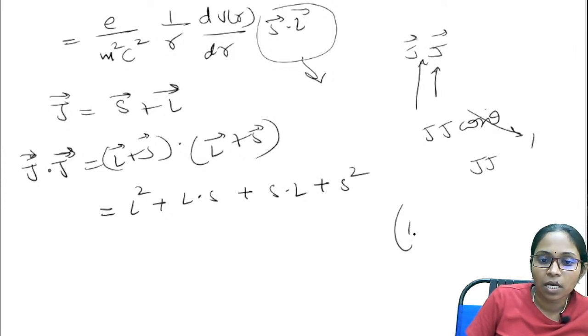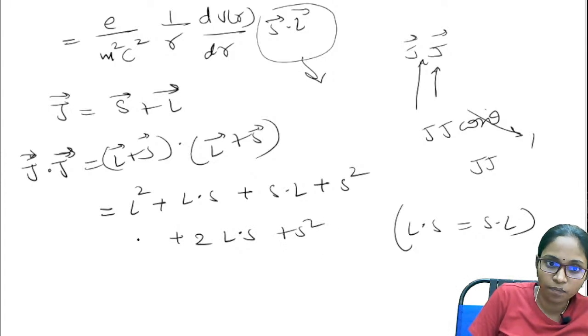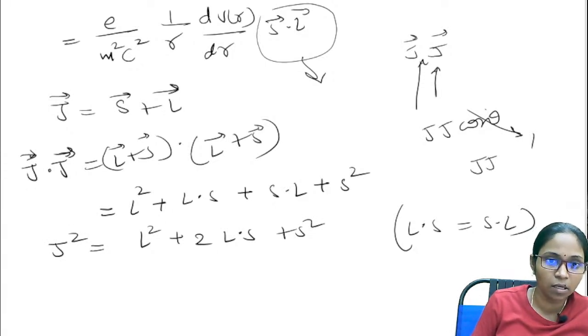And L bar dot S bar is equal to S bar dot L bar. Therefore, we have L square plus 2 L dot S plus S square, which is equal to J square. This is the way we have to write when we discuss the vector form of physical quantities.